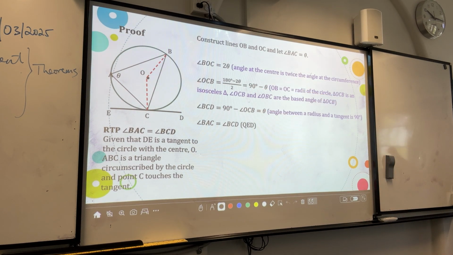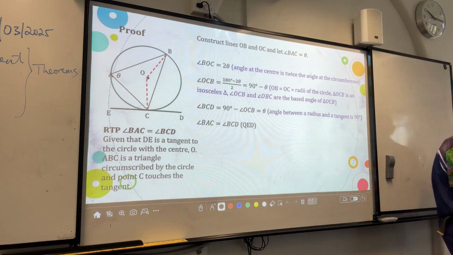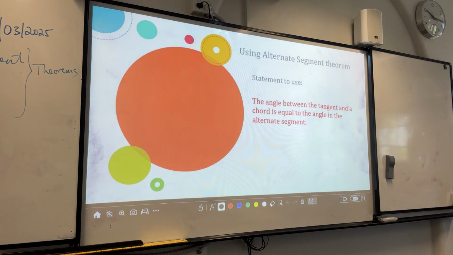Now, we've spoken, and the three statisticians decided that yes, we'll accept things like the name of the theorem as a proof, rather than writing all this out. I'm still writing all this out, for example, the angle between the radius and tangent is 90 degrees. But if you can remember that theorem, write the theorem. You can use the alternate segment theorem, or if you want a statement, the angle between the tangent and the chord is equal to the angle in the alternate segment.